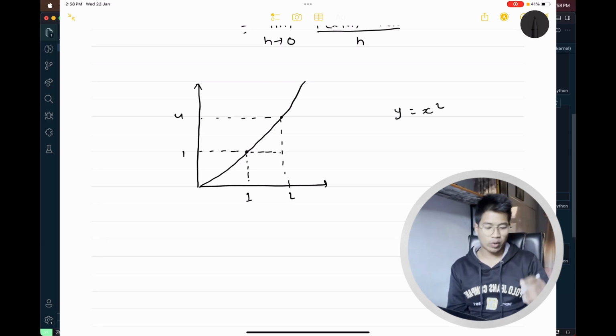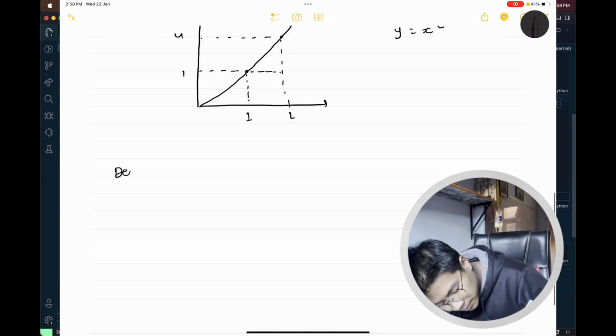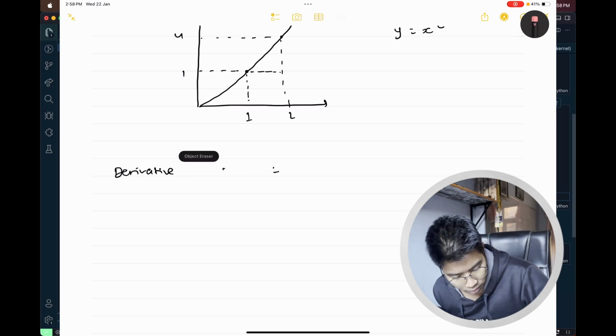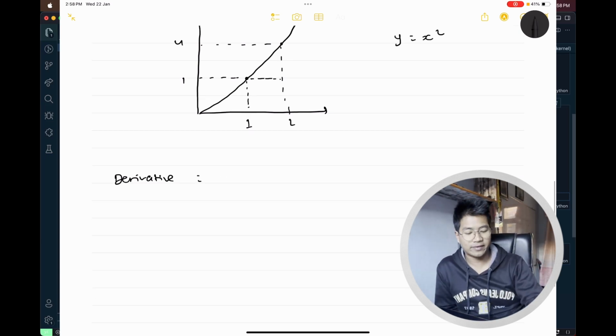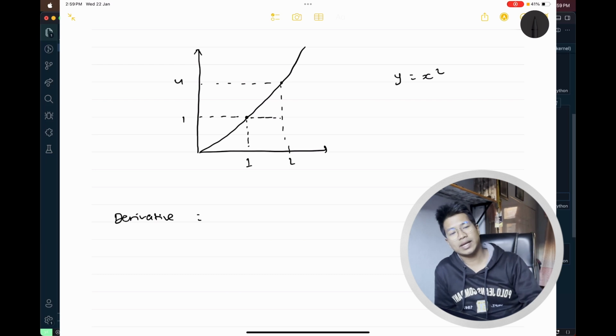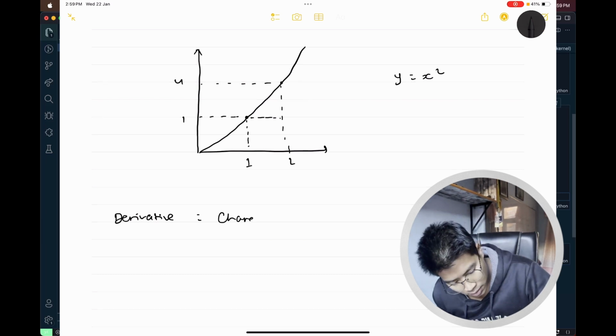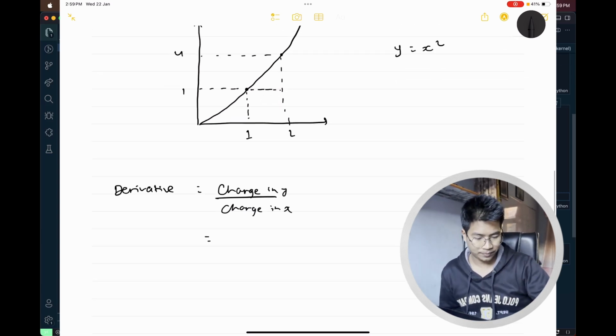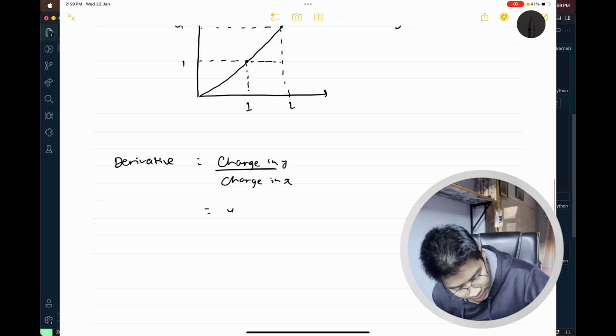So over here, if I wanted to compute that derivative, that is basically change in y with respect to change in x. That was the derivative, and that is 4.